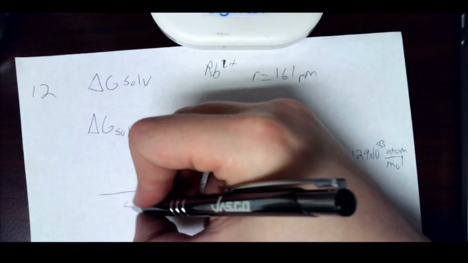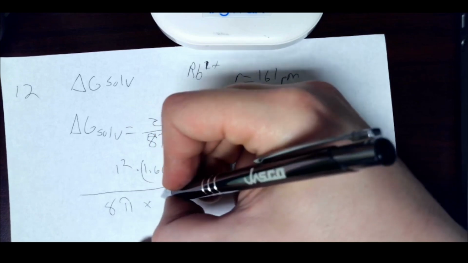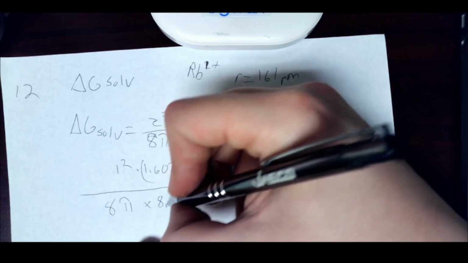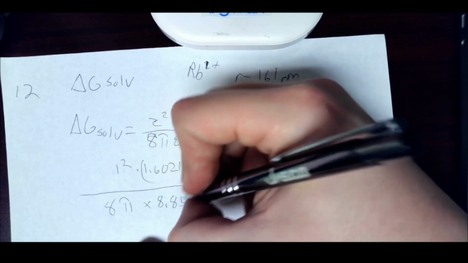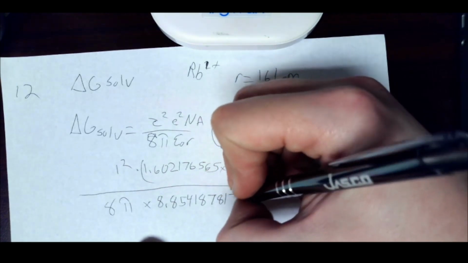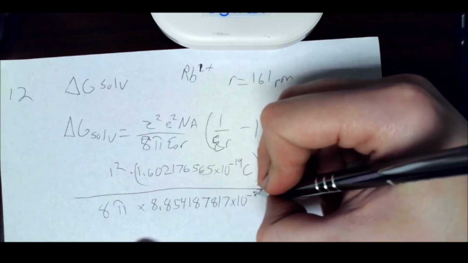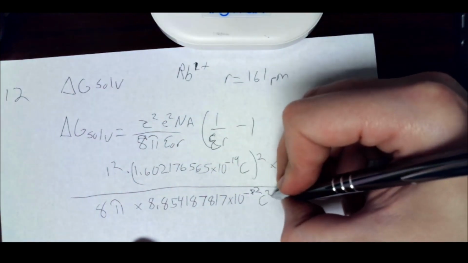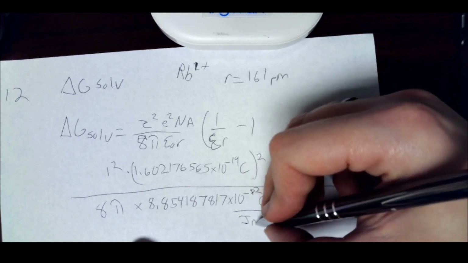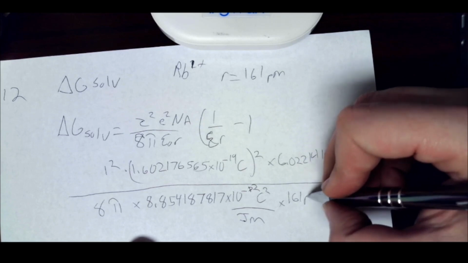All over 8 pi times the permittivity of free space, which is 8.854187817 times 10 to the negative 12 coulombs squared per joule meter, and we're timesing our picometers in 161.